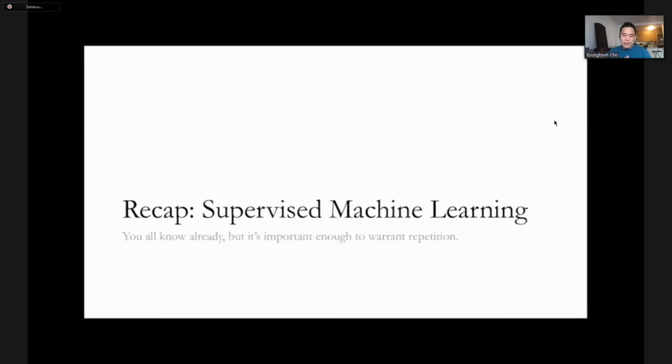So we're going to start by recapping supervised machine learning. I know that you probably have been hearing about supervised learning over and over, perhaps a bit too much, throughout the whole summer school. I looked at the schedule, I'm pretty sure everyone talked about it, but there's a reason why everyone talks about it, because it is very, very important.